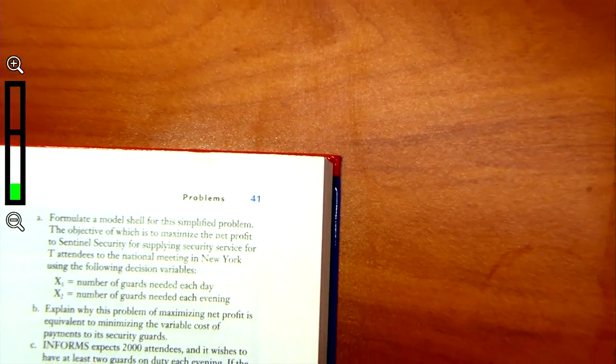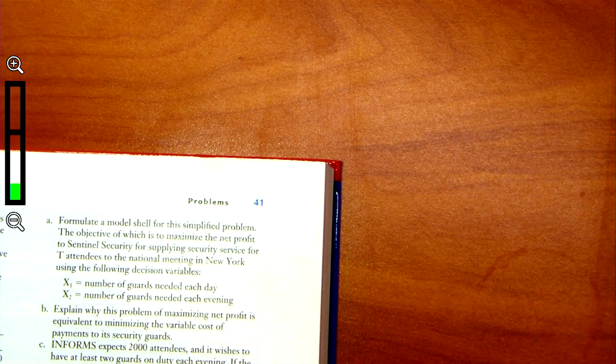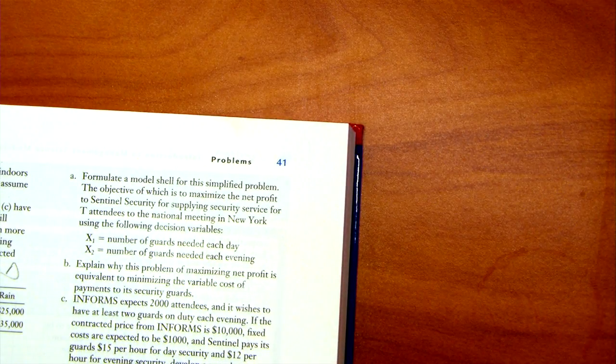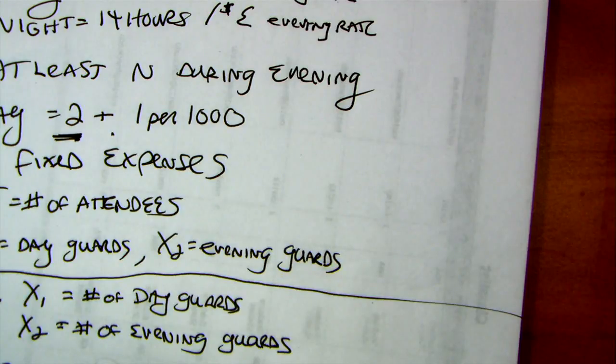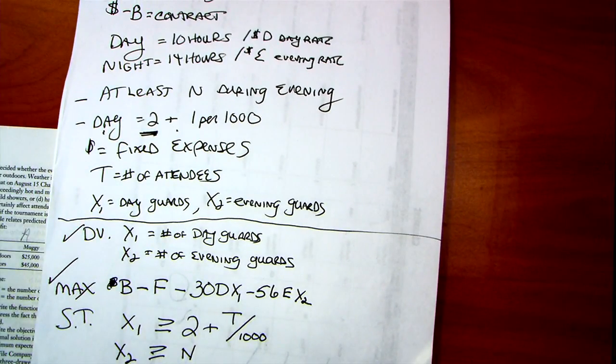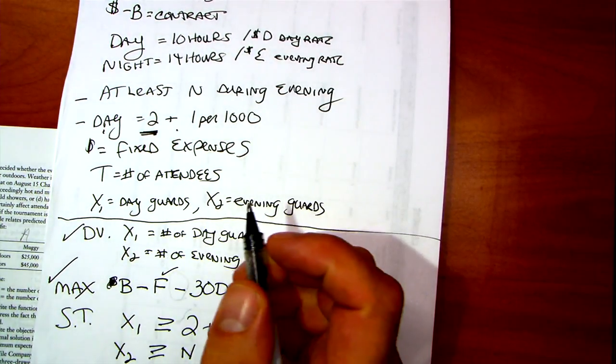So let's look a little further. It says, formulate a model. I did that. Explain why the problem of maximizing net profit is equivalent to minimizing the variable cost of payments to its security guards. Someone want to take a shot at that? It's saying why is this equivalent to minimizing the variable expenses? This is fixed expenses, it's 8,000 or whatever it is.